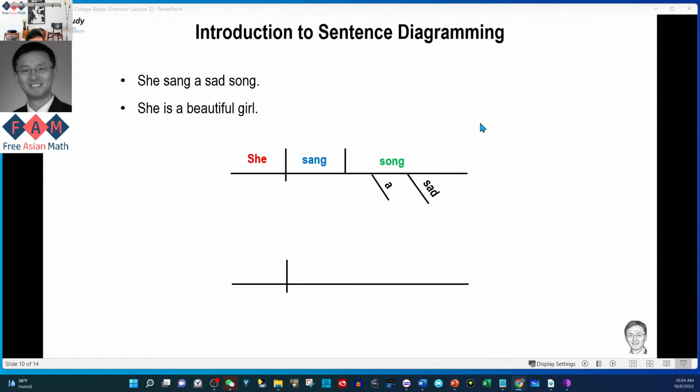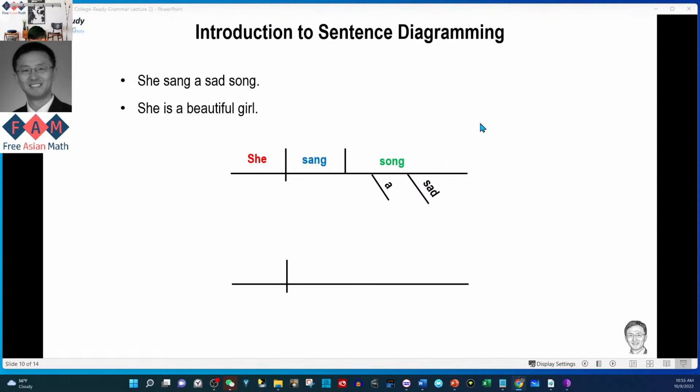So we need a different mechanism to diagram this sentence to make the distinction. We are dealing with a be verb. And in this case, a be verb generally needs to have a so-called complement. Well, she is a beautiful girl.